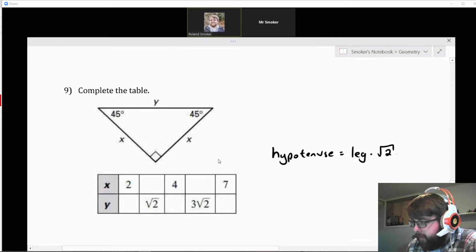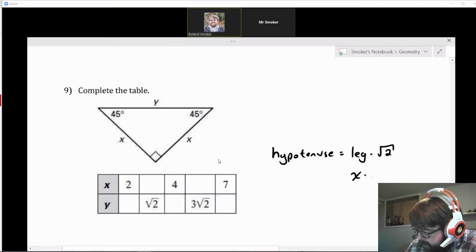So if you're looking at this 45, 45, 90 right triangle, x is going to be the length of the leg, which is the same for both sides. So I'm going to replace leg with x root 2, and y is the hypotenuse. It's opposite the right angle.